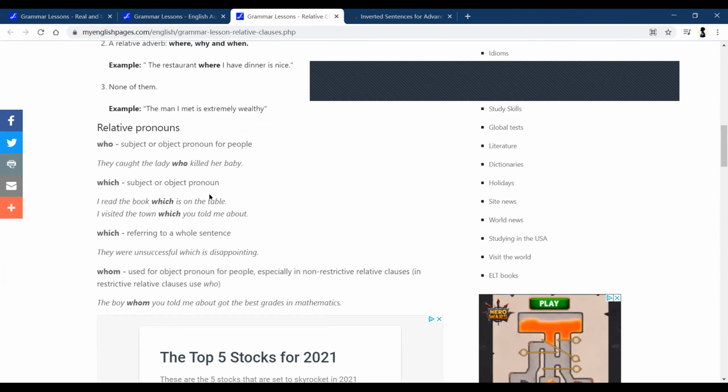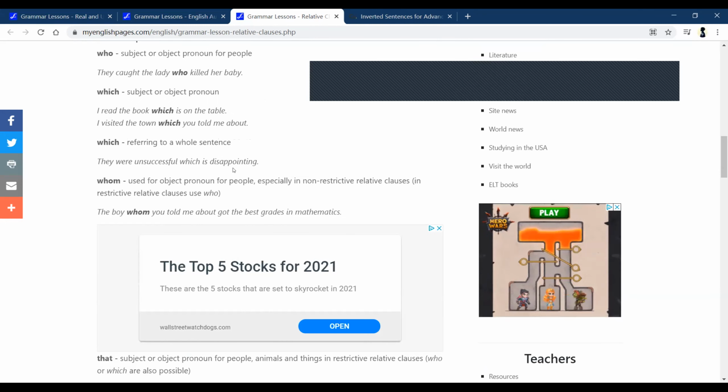So this is the first difference between that and which. Remember, you usually need a comma before which in some specific situations, and we don't usually add a comma before that.